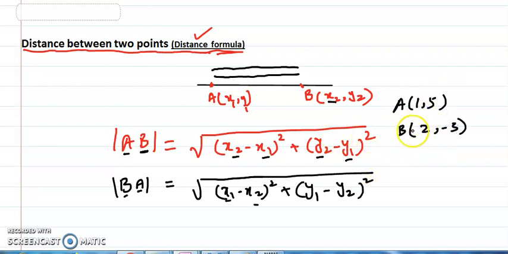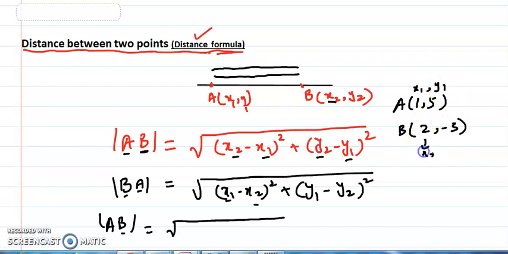Now to find the distance AB, I will say the later point is B, so its first coordinate is x2 and this is y2, and for the first point, this is my x1 and this is y1.